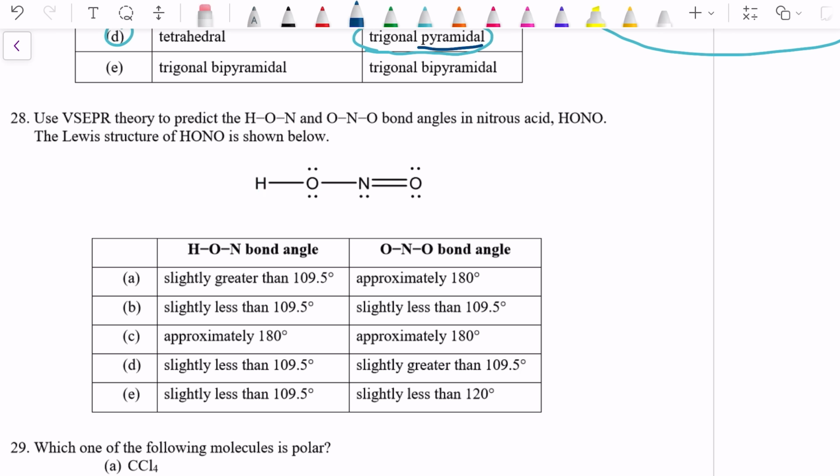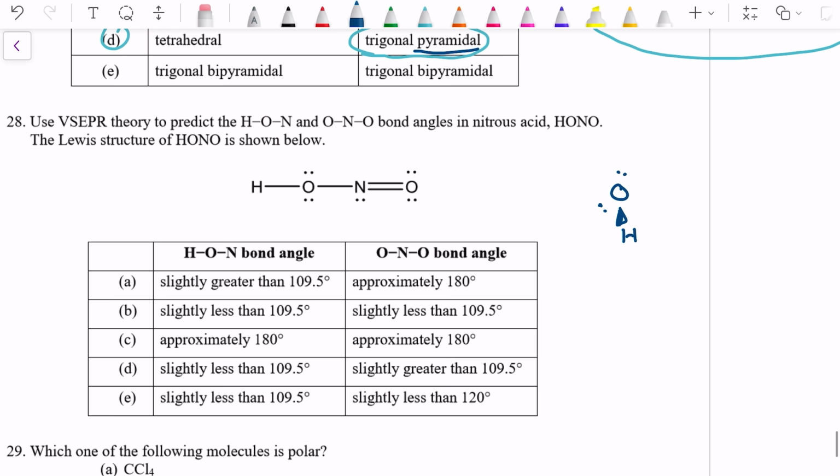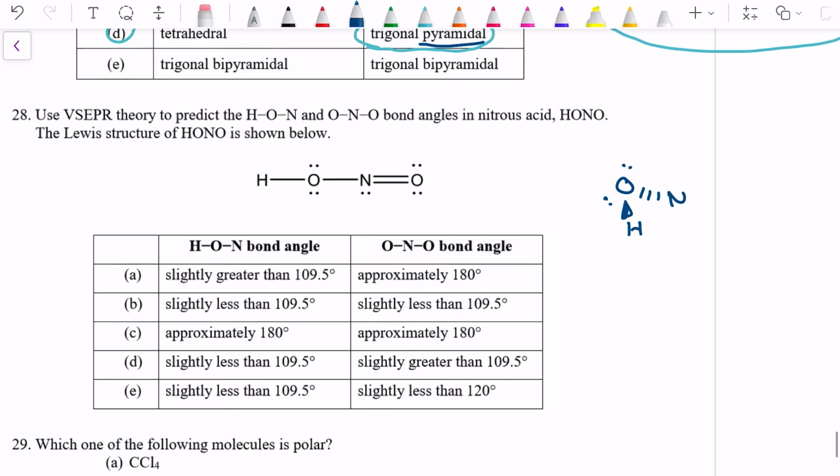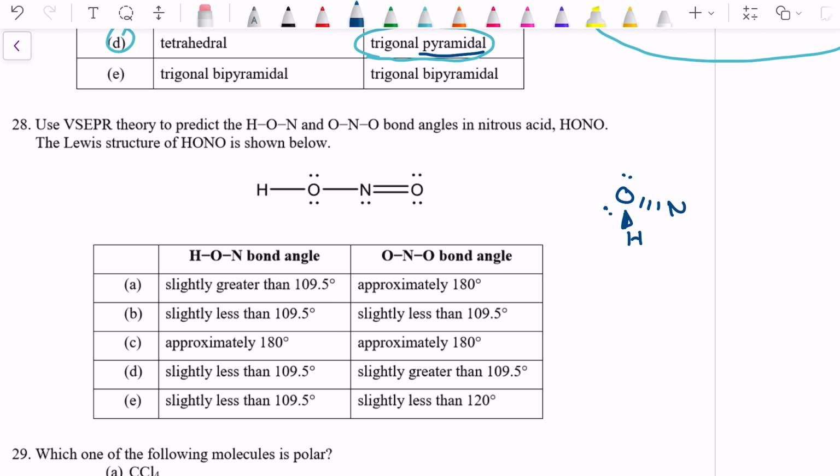If I drew this out, it would look something like this. And then we have two lone pairs, and we know a traditional electron group arrangement of tetrahedral will have a bond angle of 109.5.